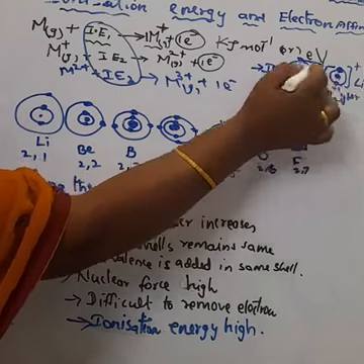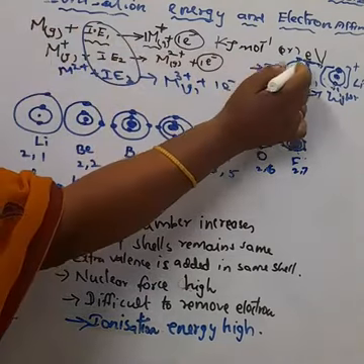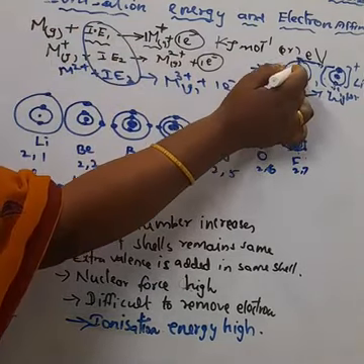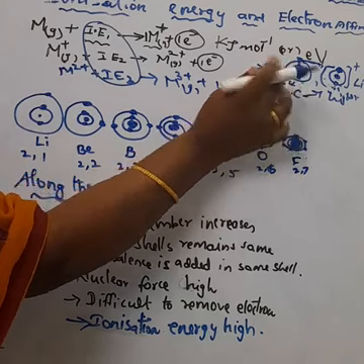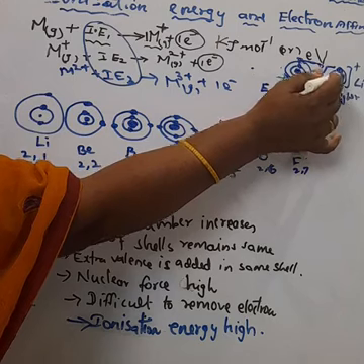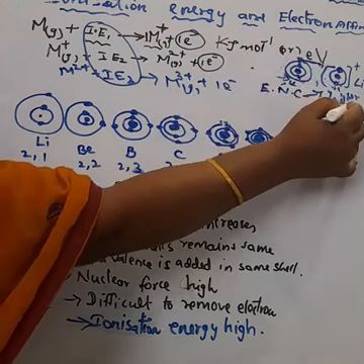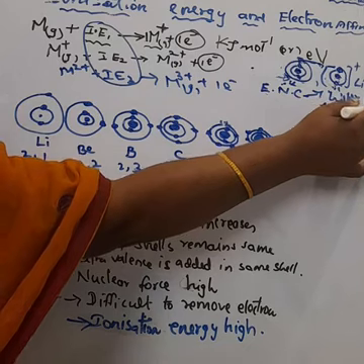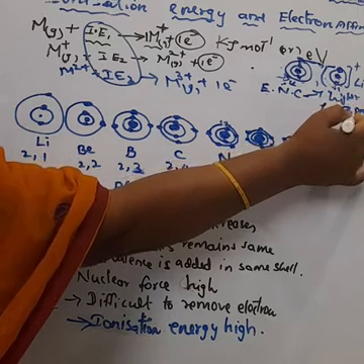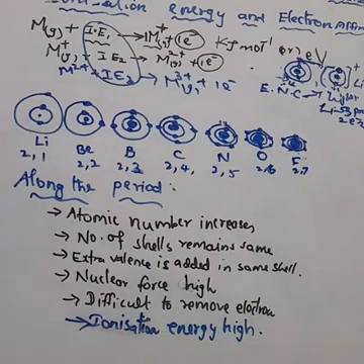Because for the neutral atom, the number of protons and the number of electrons are the same. But in the cation, the number of electrons is less than the number of protons. So here the positive charge is increased, and the effective nuclear charge will be increased.